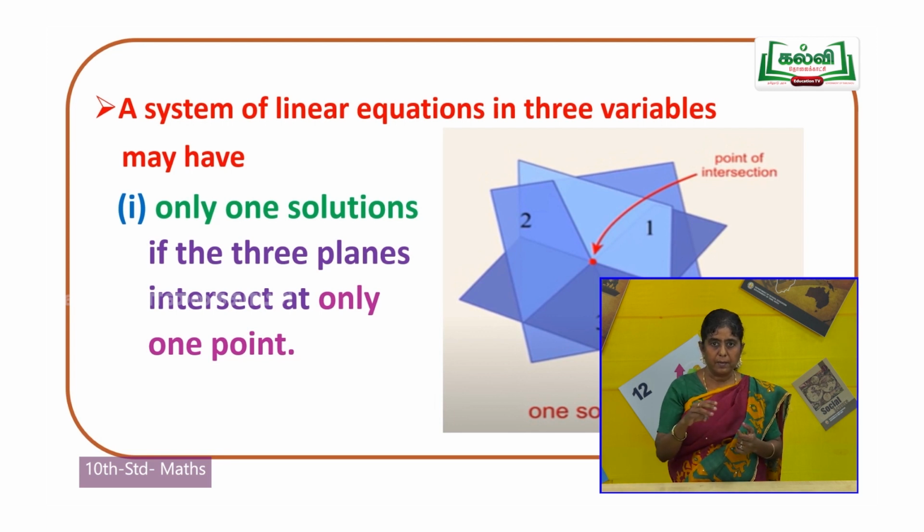Those three planes intersect at only one point. That system should have only one solution. Look at the diagram there. Plane 1, plane 2 and plane 3 are shown in the diagram, and the red point is the point of intersection of those three planes. So all three planes intersect at only one point. That is called one solution.